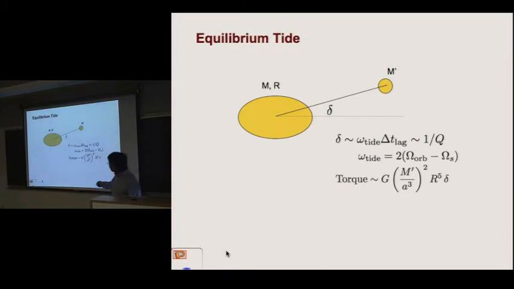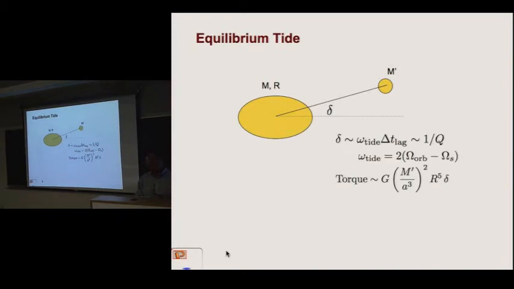Once you have this torque, you can of course calculate or study the evolution of the binary system, including how the spin evolves, and so on. So that's how you usually discuss this tidal problem.